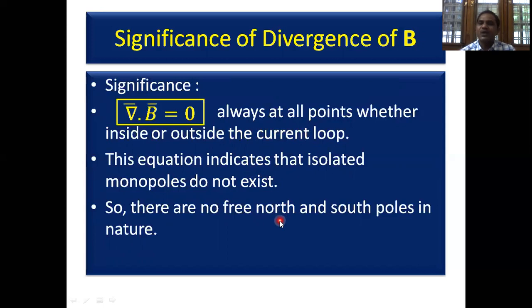Therefore, there are no free north and no free south poles in nature. But in the case of electrostatics, we discussed that separate positive charge and separate negative charge exist. But in the case of magnetism, no free north pole and no free south pole exists. Always both the north and south pole exist together. Monopoles do not exist. So they exist in pairs.